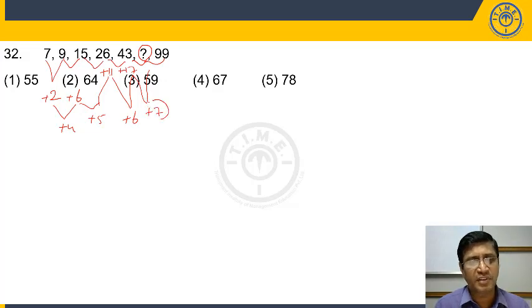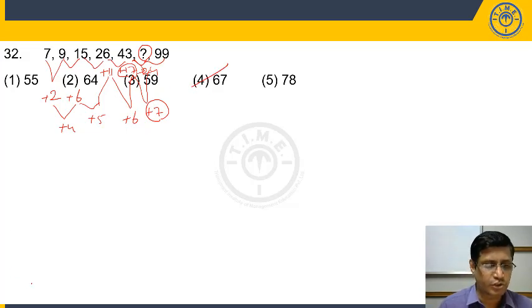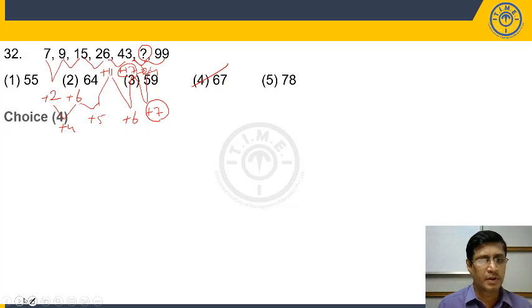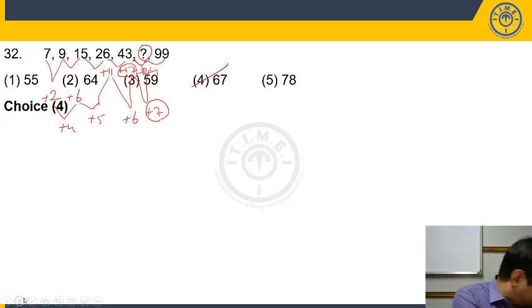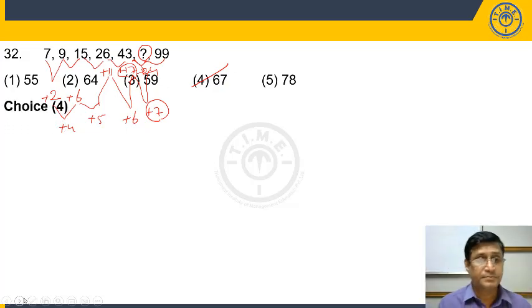So when you add 7 to this 17, it will give 24. So 24 is to be added to this 43, and it will give 67 as the result. So the right choice is option number 4. Okay, now the next question on your screen.